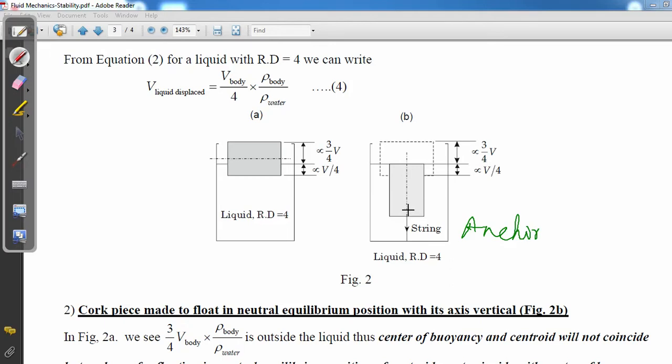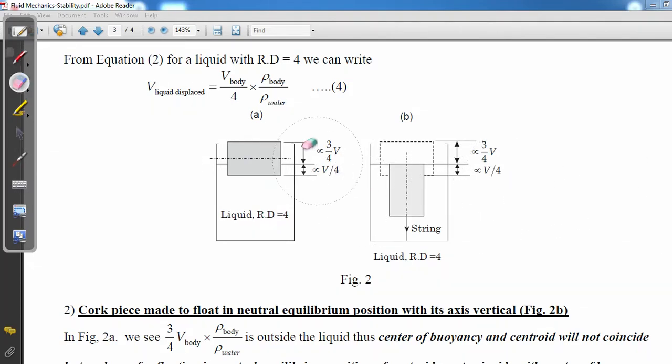So you have an anchor, and you have to pull this body downward. When this extra volume gets inside the water, we know that buoyant force will be acting against this. So this anchor force, which is acting vertically downward, is equal to this buoyant force which is acting upward, because we have submerged the extra volume inside this water.